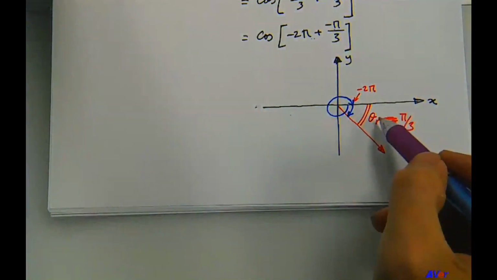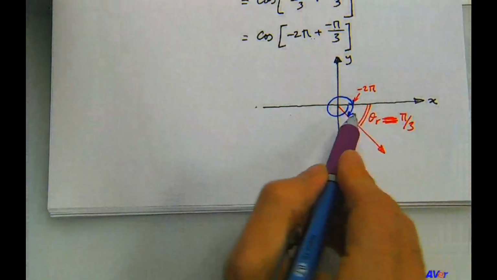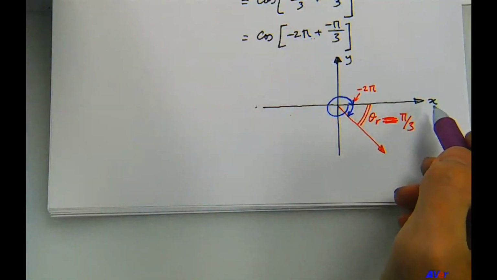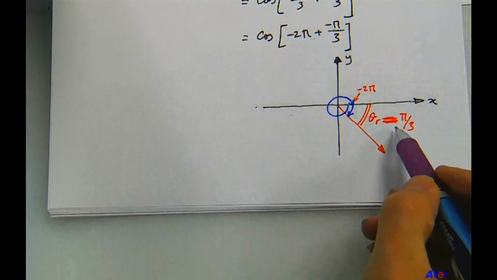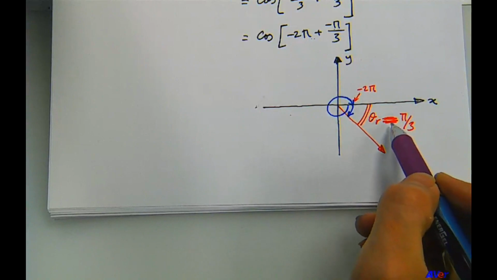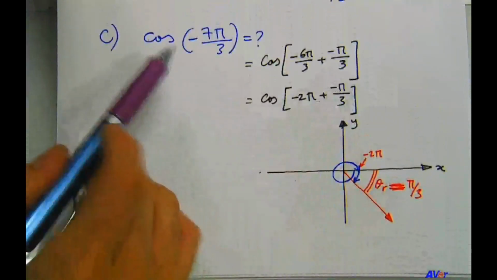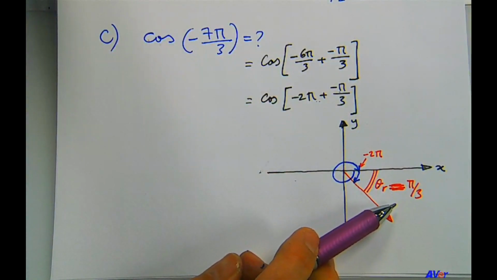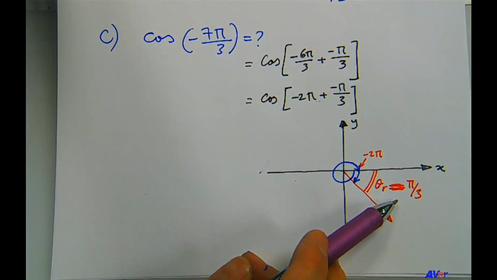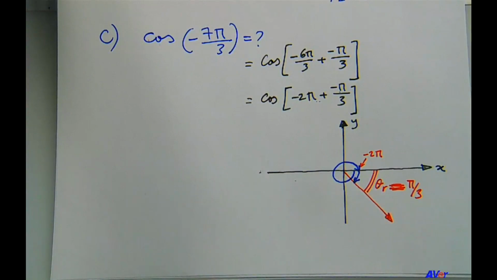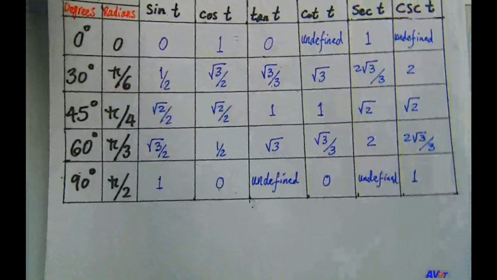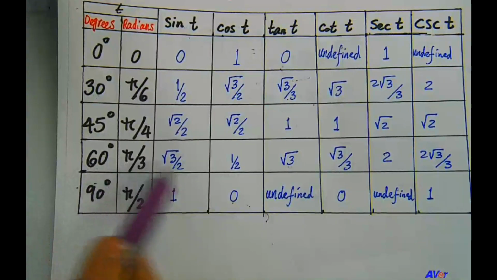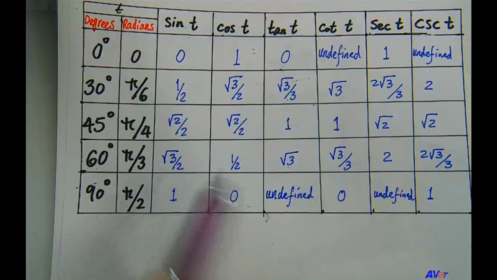But it moved in the clockwise direction into the fourth quadrant when we added negative pi over 3. Okay, so instead of calculating cosine of that, we can simply calculate cosine of pi over 3, which would be 1/2, and here it is in the special table of values. So cosine of 60 degrees, or pi over 3, is 1/2.